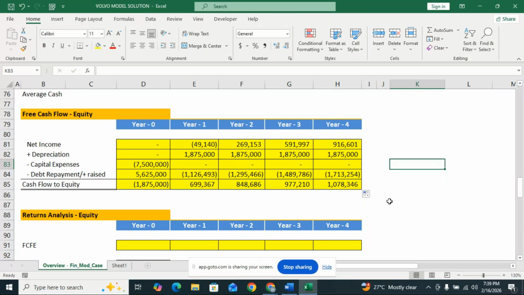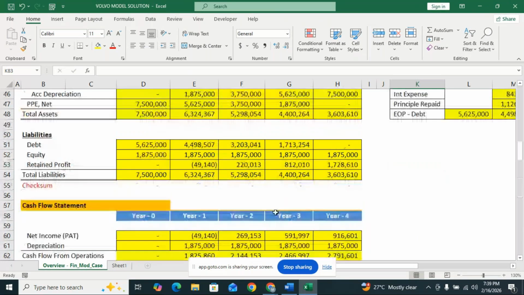Ma'am, can you just show me the balance sheet assets total? For me, it's not the same. Balance sheet total assets, yes. Yes, ma'am, see, I've displayed it.